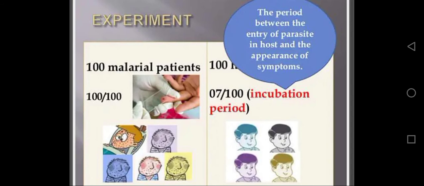So in the experiment, from the control group and the experimental group, they took blood samples, and after making tests and using the microscope, they concluded that in the experimental group, the malarial patient group, they have Plasmodium in their blood, while no microorganism like Plasmodium was found in the control group.